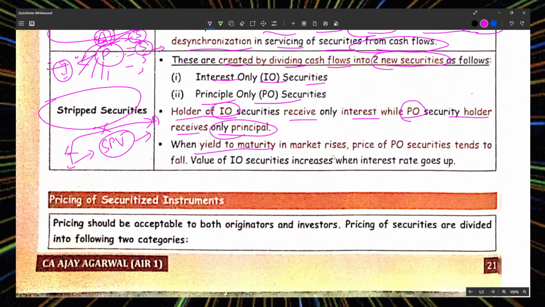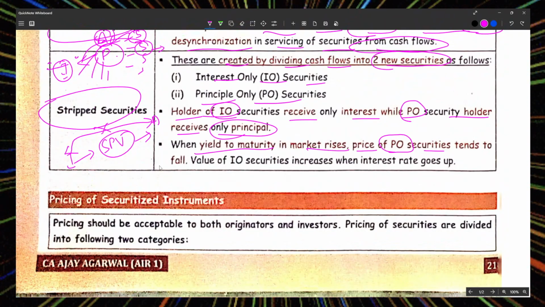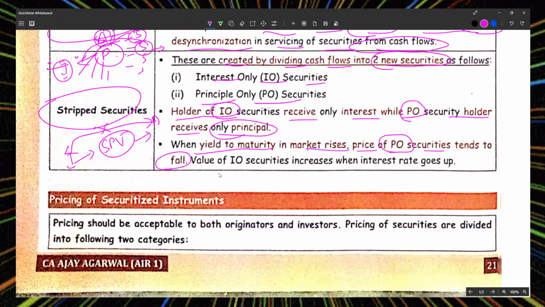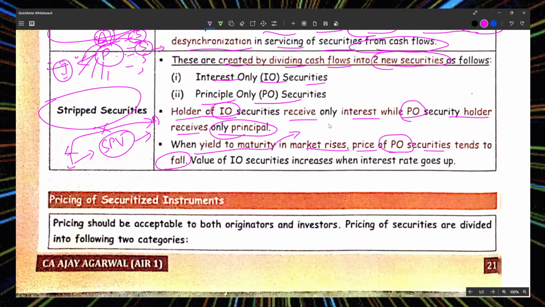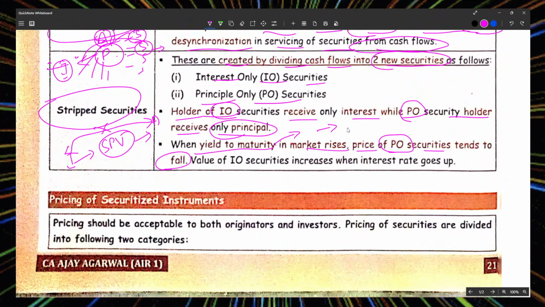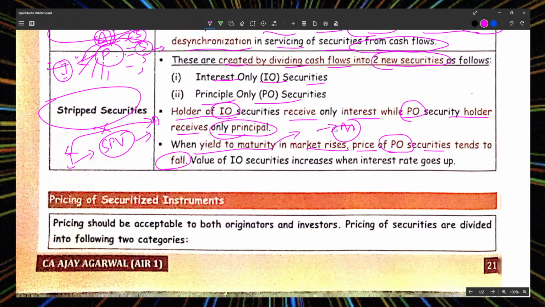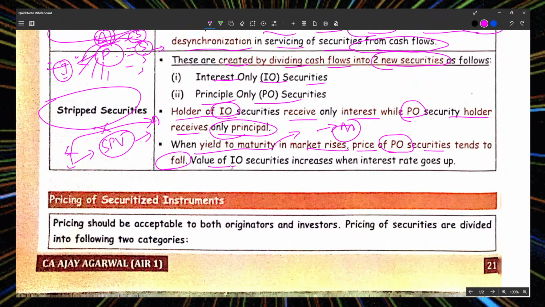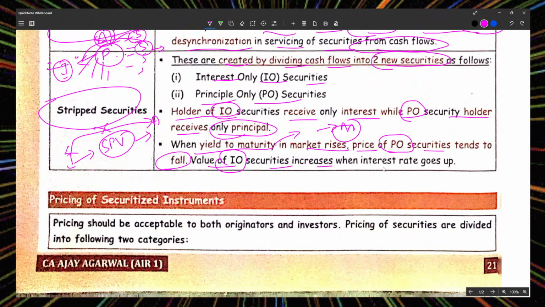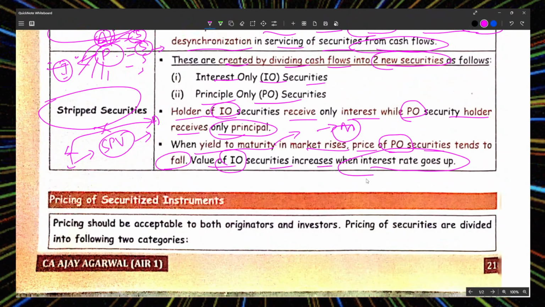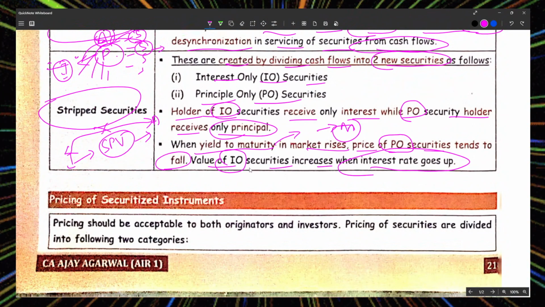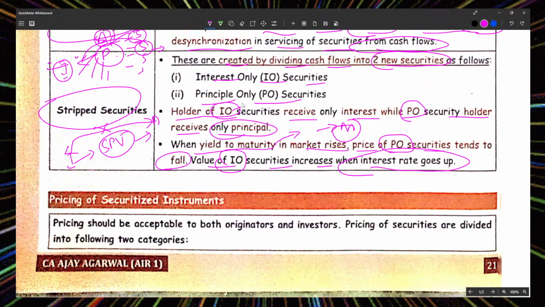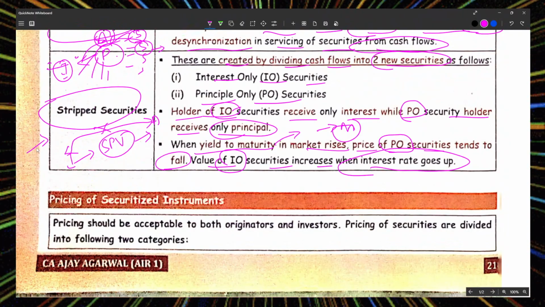When the yield to maturity in the market rises, the price of principal only securities tends to fall, because nobody wants to buy them as the maturity period approaches. The value of interest only securities increases when the interest rate goes up. This is the basis of stripped securities.